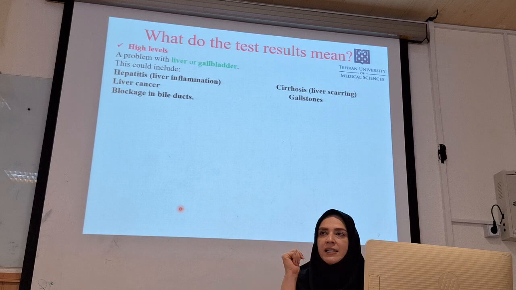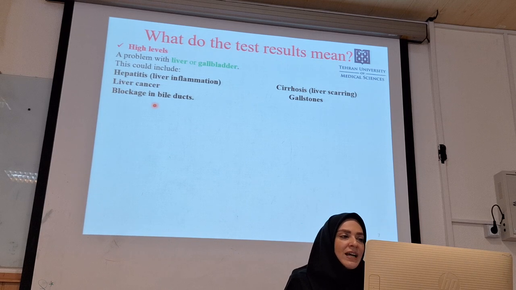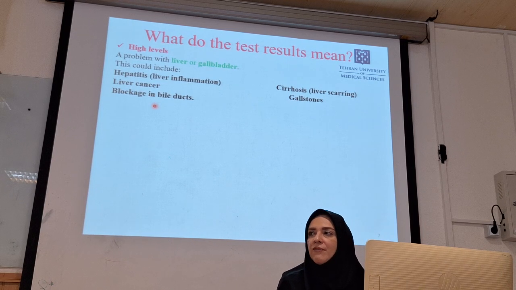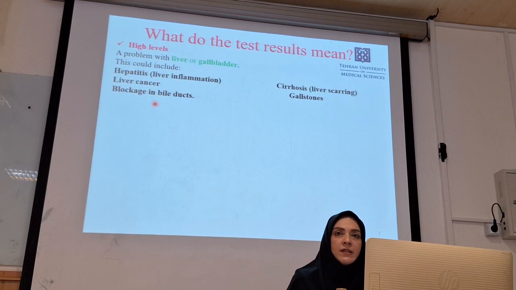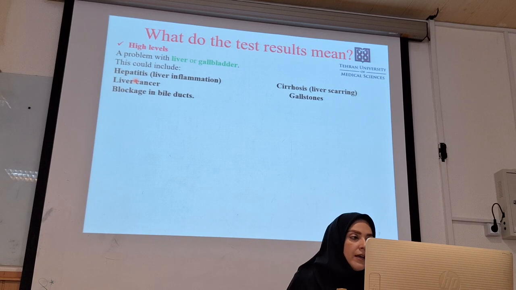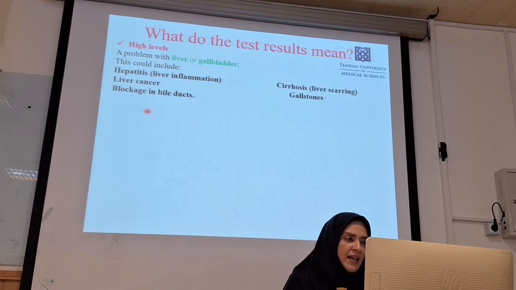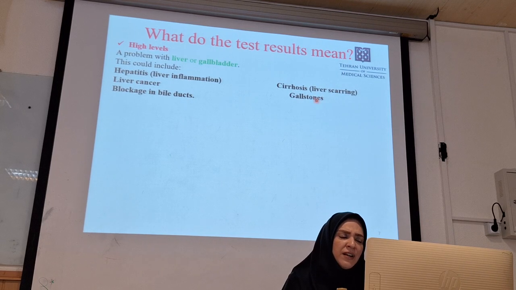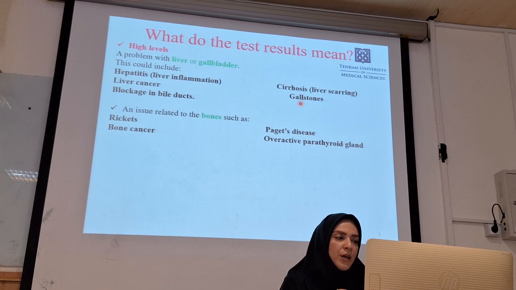For example, at least one of the final questions about alkaline phosphatase would be from this slide. You should know in which situations you have a high concentration of this enzyme, and sometimes a low concentration of this enzyme. Whenever you have a problem with the liver and gallbladder, like hepatitis, cancers, blockage in the bile duct, gallstones, and cirrhosis, you have a high concentration.